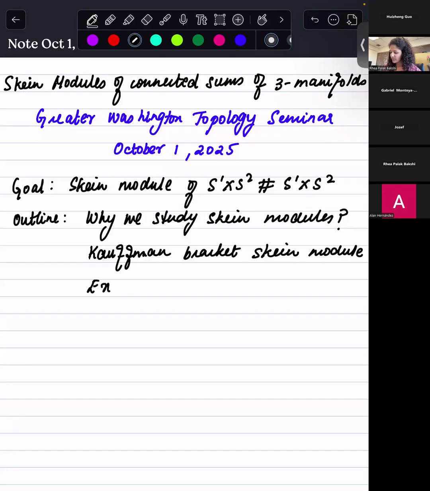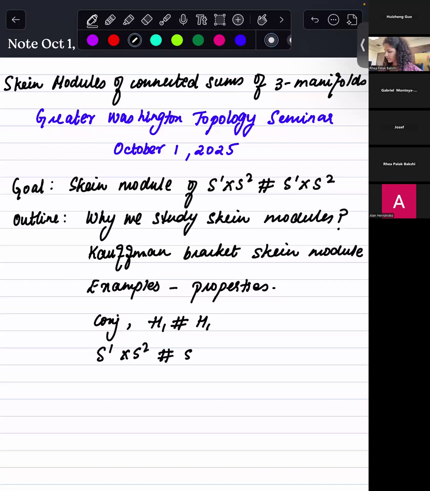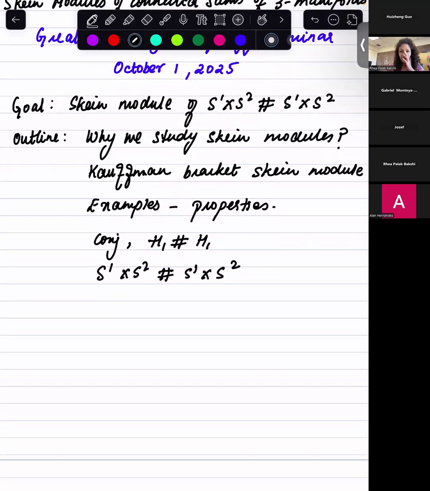Give some examples, very few that have been computed, talk about some properties that we'll need to understand all of these results. And then finally, I'll touch upon a couple of conjectures, a computation of the connect sum of H1, that's two solid tori with itself. And then finally, I'll talk about this particular three-manifold.